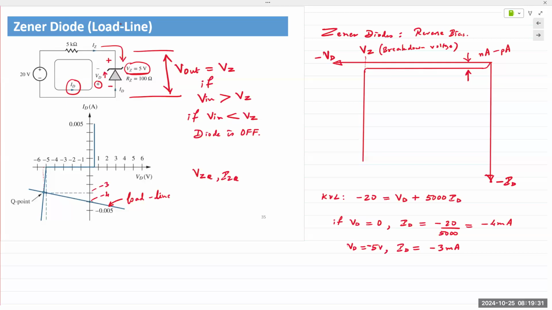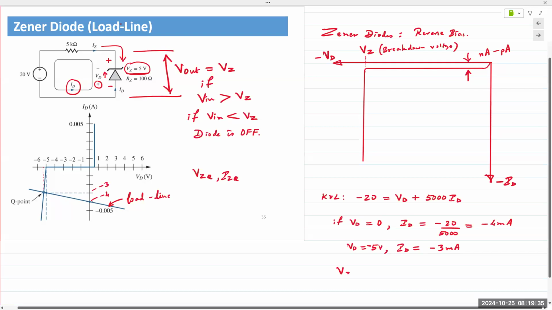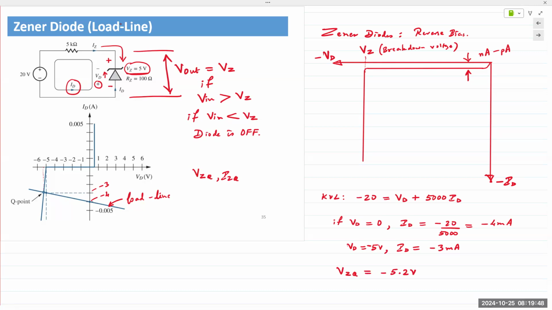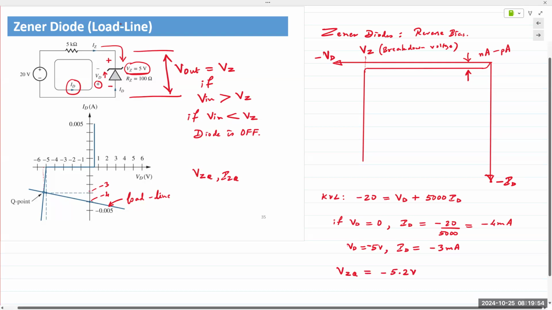In the book example, they take VZQ as minus 5.2 volts. Minus 5.2 volts. Okay. And IZQ is slightly smaller than 3. I would say estimate around here or even less than that.